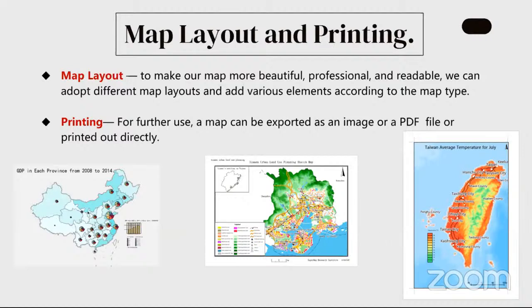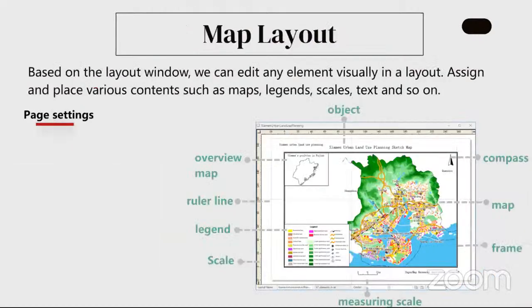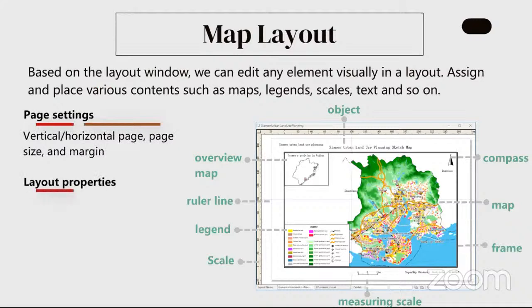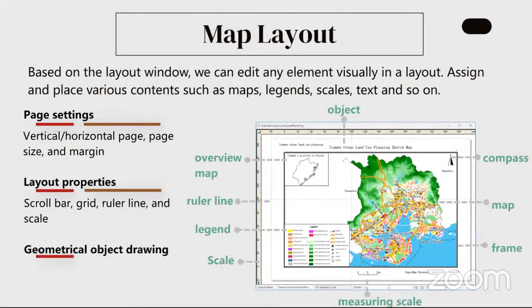So this is the map layout example, where you can see it has a different layout depending on what kind of map you create. So in map layout, we can edit the elements visually and assign a variety of important content such as maps, legends, scales, text, and so on.